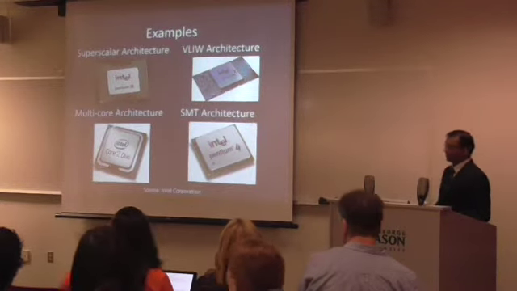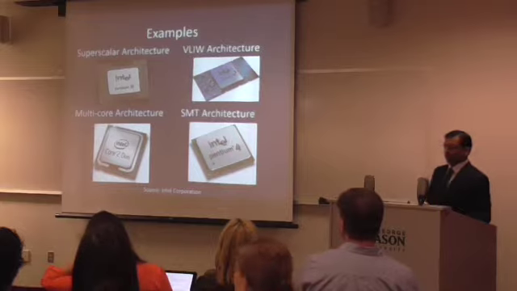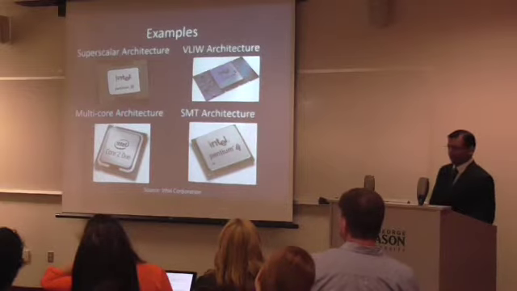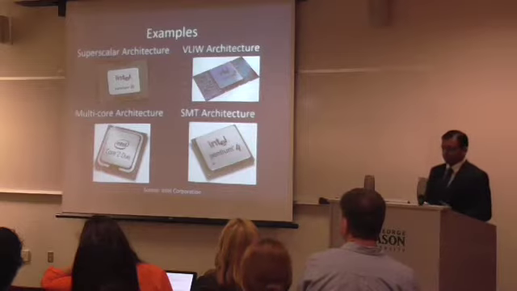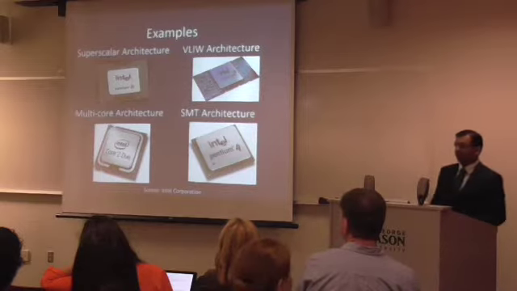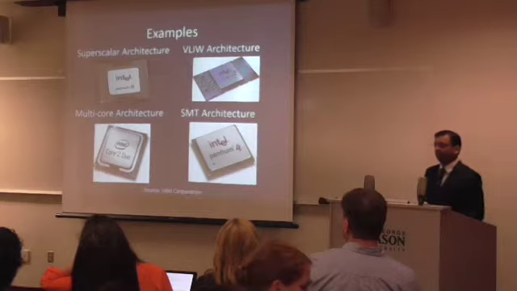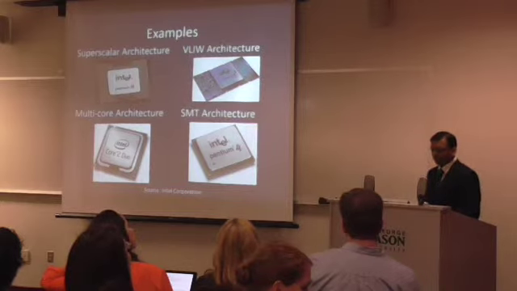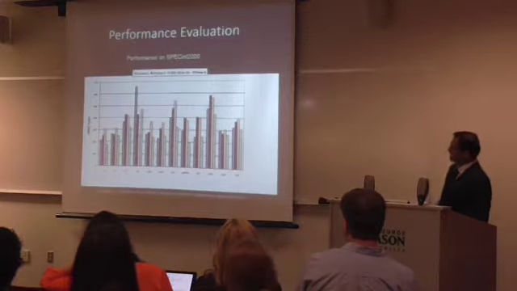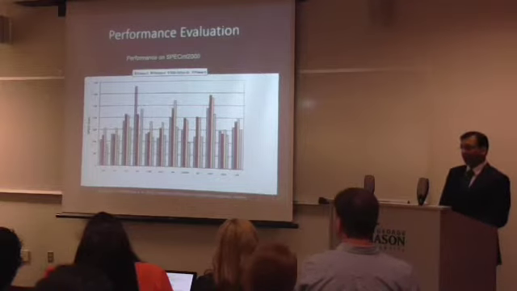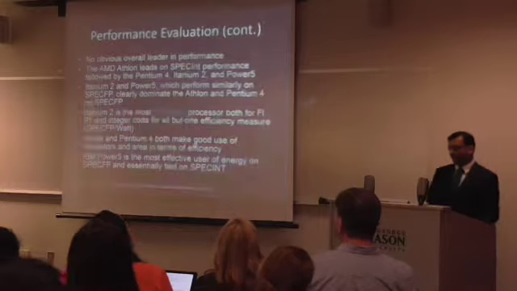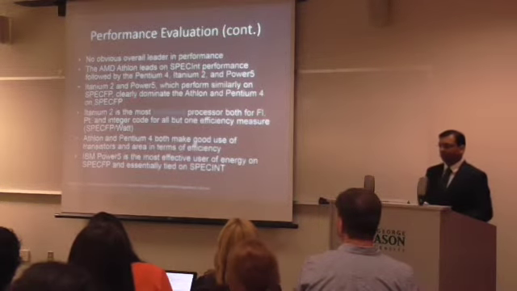These are some examples of microprocessors: the superscalar processor is the Intel Pentium 3, VLIW is Itanium. Multi-core is Core 2 Duo, and SMT, that is simultaneous multithreading, is the Intel Pentium 4. So I've compared these architectures using the SPEC 2000 benchmarks, and as you can see from the result, there is no clear leader in performance.